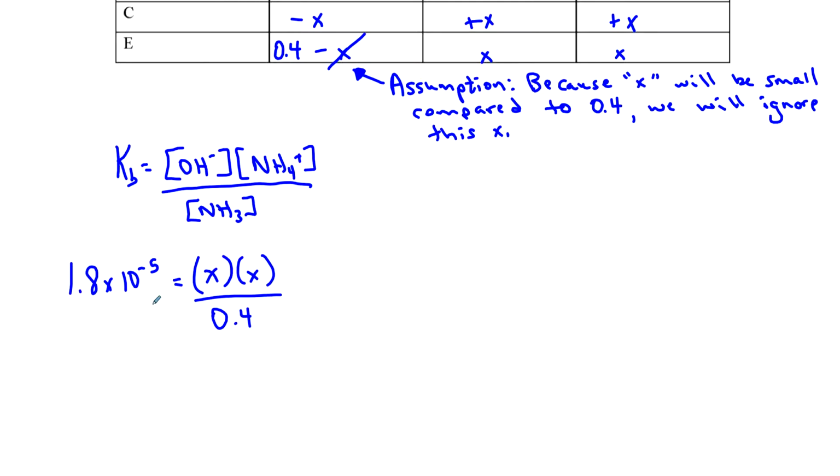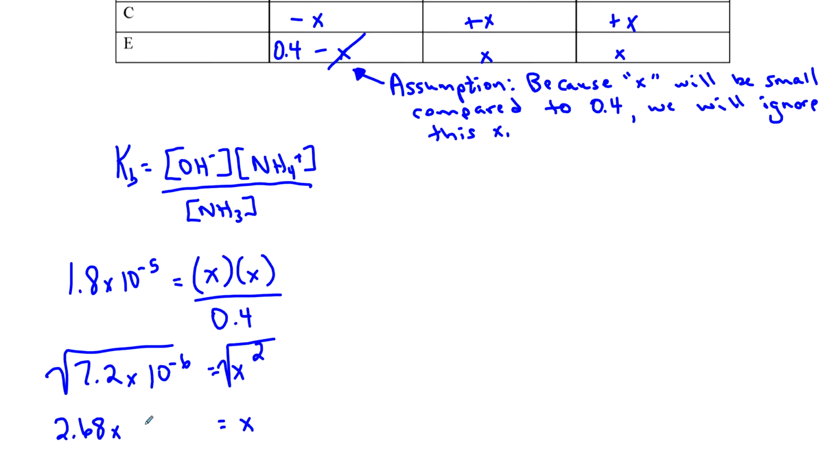When I cross multiply 0.4 by 1.8 times 10 to the negative 5, I get 7.2 times 10 to the negative 6. I'm going to simplify x times x to x squared. Then I'm going to solve for x by taking the square root. The square root of 7.2 times 10 to the negative 6 is 2.68 times 10 to the negative 3.